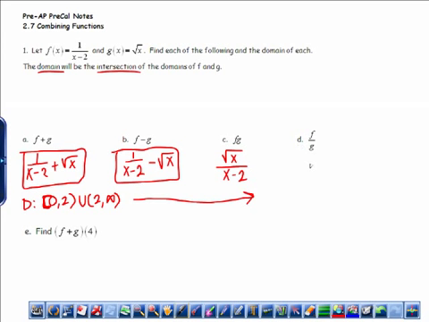Now looking at D, it's a little bit different. I'm going to switch up the color just to really emphasize this. We have a fraction divided by square root of x, so this would be like multiplying by the reciprocal of square root of x. So here our answer is 1 over square root of x times x minus 2. How is this actually changing my domain?